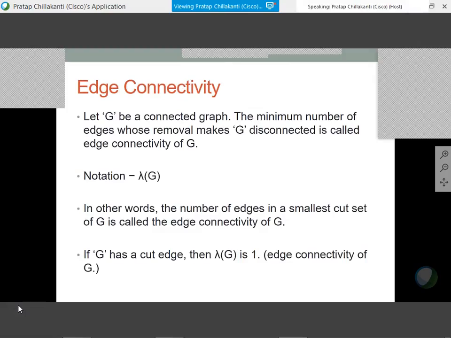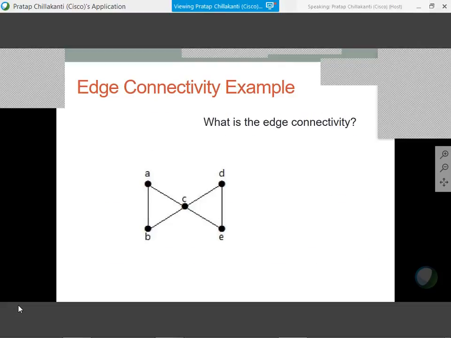I'll have some fun soon. So I have some example here. What is the edge connectivity for this graph? Can somebody take a minute?